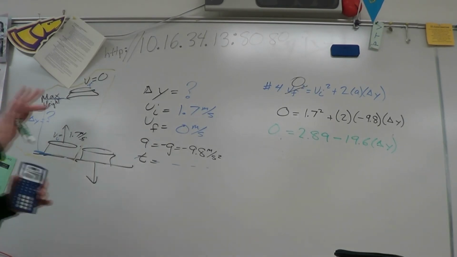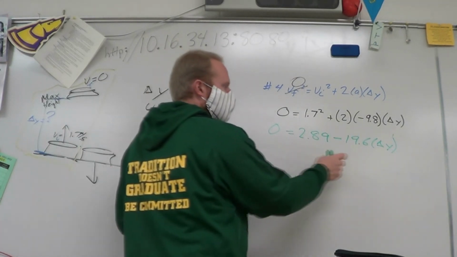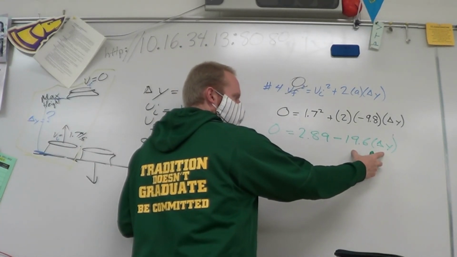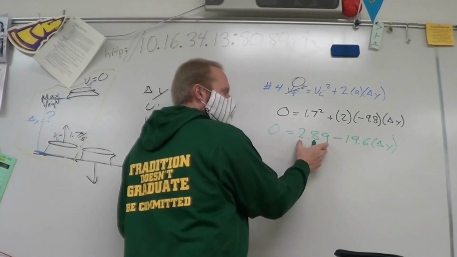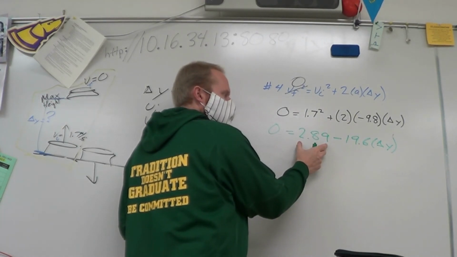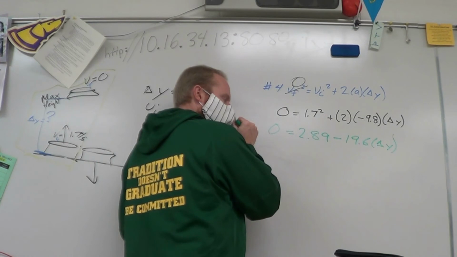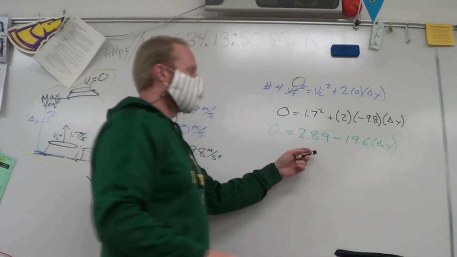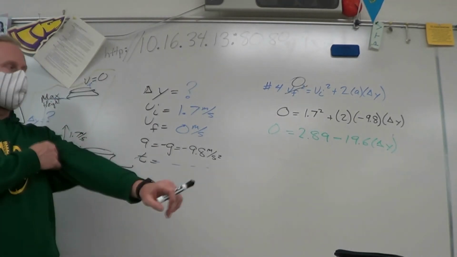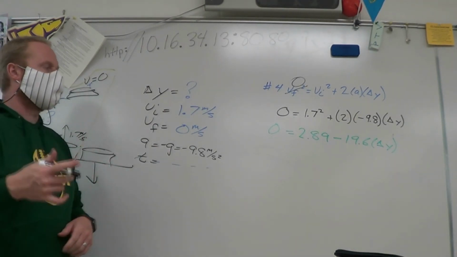Okay, so we really have 2 choices. I heard add this to the other side, but remember we have to add this whole thing to the other side, right? Or what could we do to this piece? Minus. We could subtract it to the other side. I didn't hear divide. We do not want to divide by 19.6 yet.